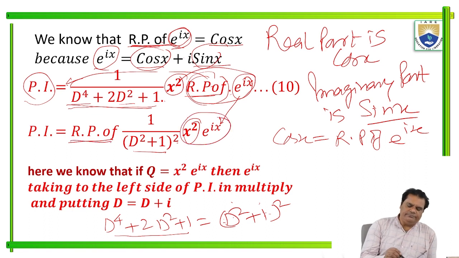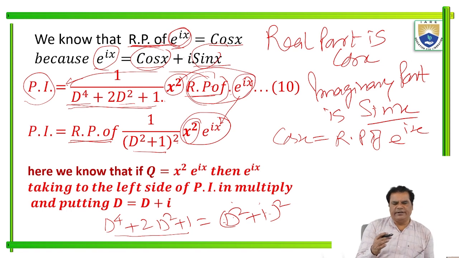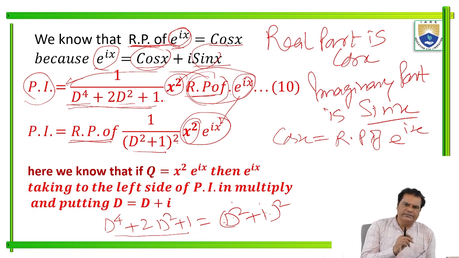Again, in Q there are two functions. First is the algebraic function x square, second is the exponential function e to the power ix. When there are two functions in Q, one algebraic and one exponential, we take the exponential function to the left side of PI and put D equal to D plus a.